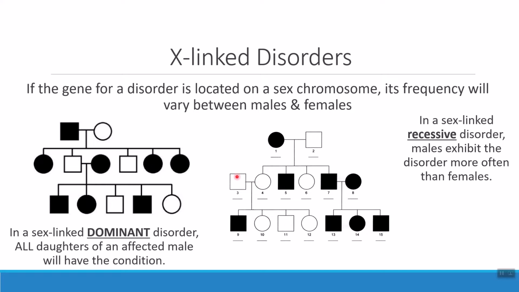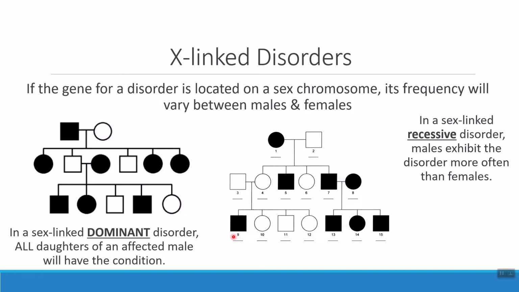When we look over here, we've got a mom and a dad. Neither of them are exhibiting the disorder, but they have a son who does have it. When we talk about a recessive disorder, remember that in recessive disorders, you can have carriers, people who have the allele, but they also have a dominant trait that silences that recessive allele.